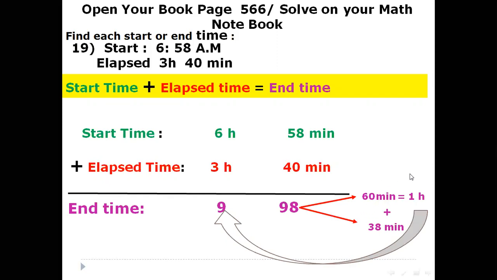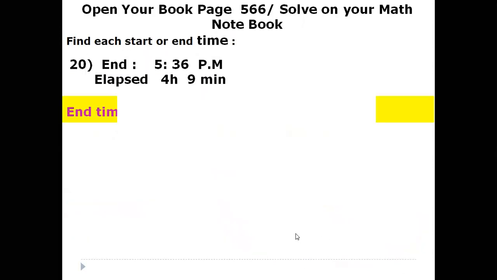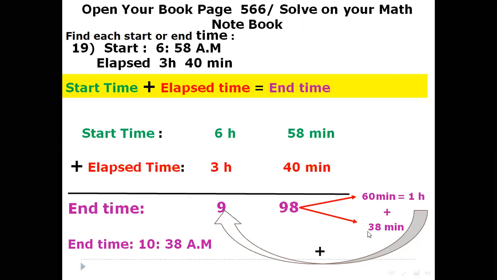So that 60 minutes is 1 hour. We give that hour to the 9 hours that we had already. So it's 10 hours, and the 38 minutes left. Again, why did we do that? Because 98 is more than 60, and the maximum number of minutes that we could have is 60 minutes in the hours.